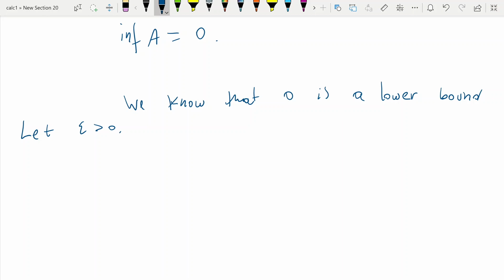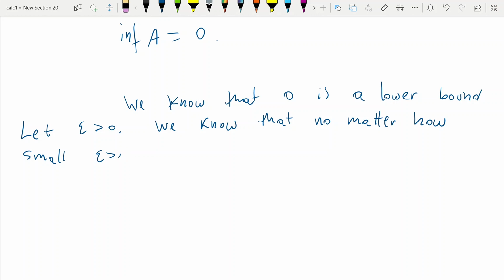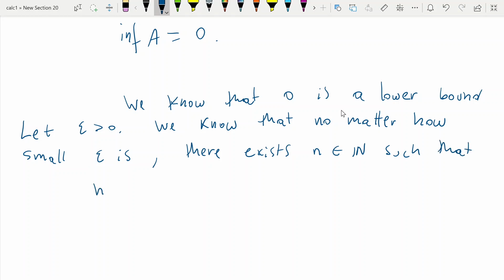And this is the part I was referring to. We know that no matter how small epsilon greater than 0 is, there exists n in N such that n epsilon will be greater than 1.